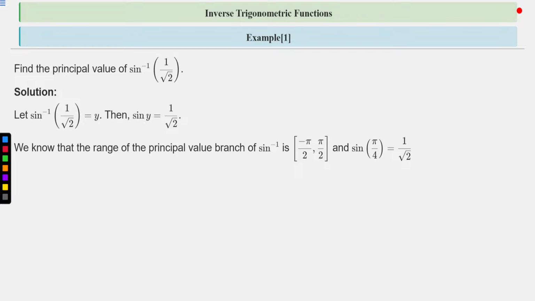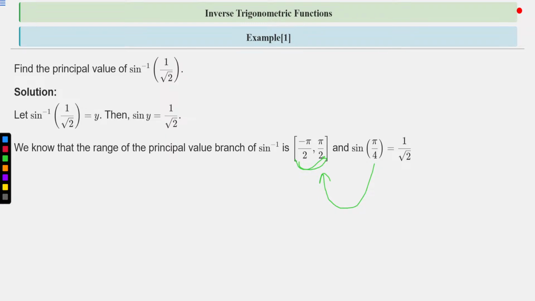Now we know the range of the principal value branch of sine inverse. We have just seen that the range of principal value of sine inverse is from minus pi by 2 to pi by 2, right? And we know that sine pi by 4 is 1 by root 2. Also, we have to check whether this pi by 4 lies in minus pi by 2 to pi by 2 or not.